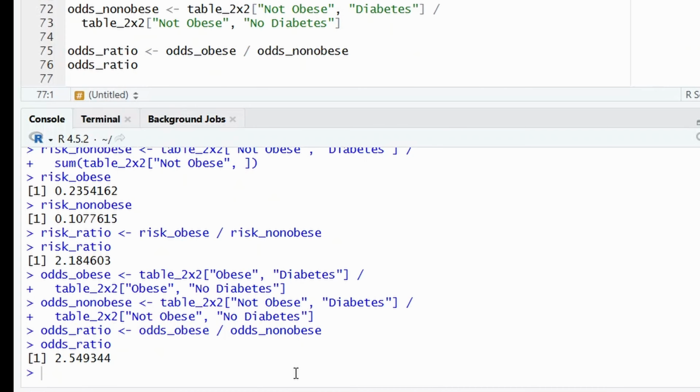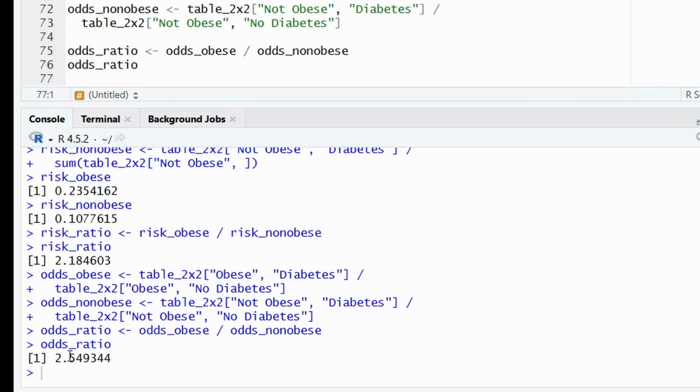The result we have here is odds ratio equals 2.55. What does this mean? It means that the odds of having diabetes among adults with obesity are about 2.5 times the odds among adults without obesity. In other words, obesity is strongly associated with diabetes in this population.